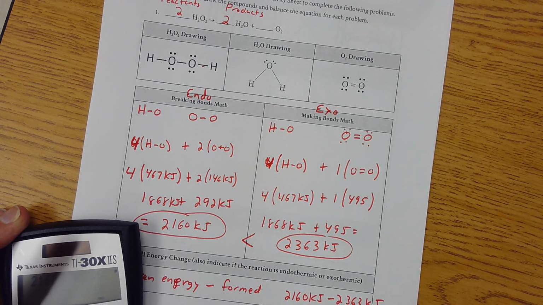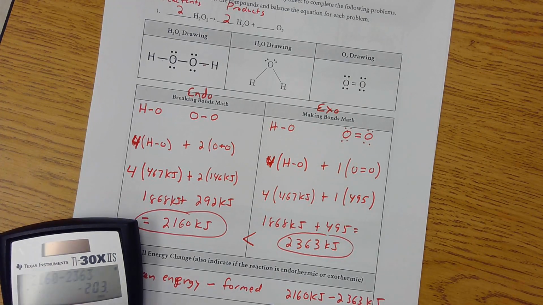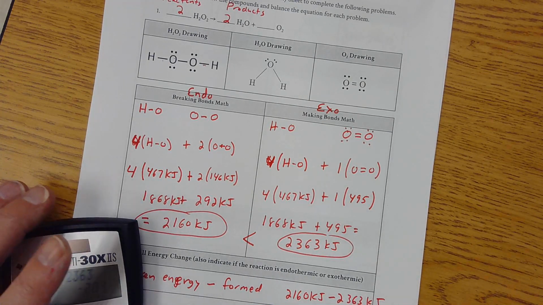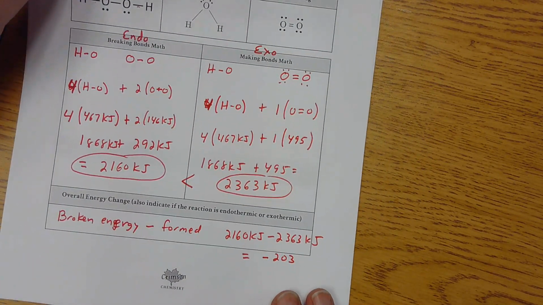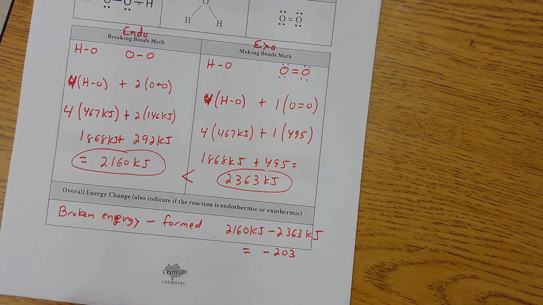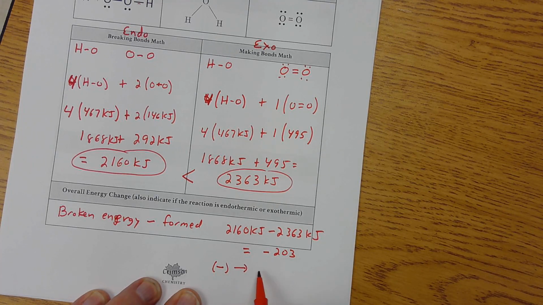So we got negative 203. Our number there is negative 203. When you have a negative number, that tells you it is an exothermic reaction. A positive number tells you that it is endothermic.